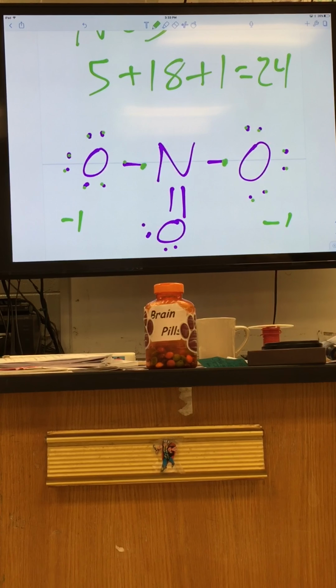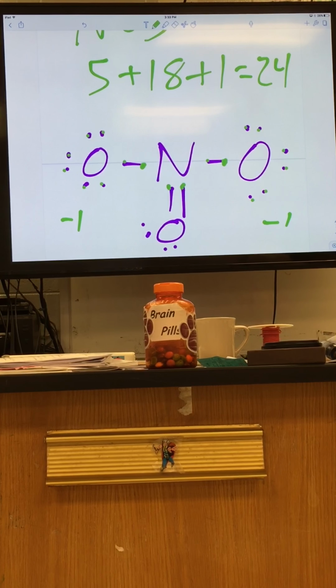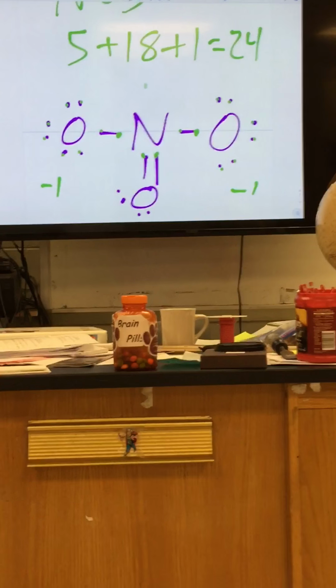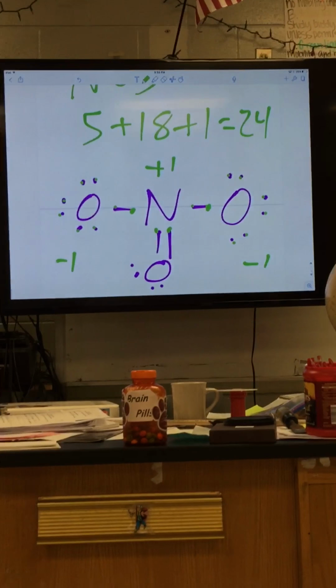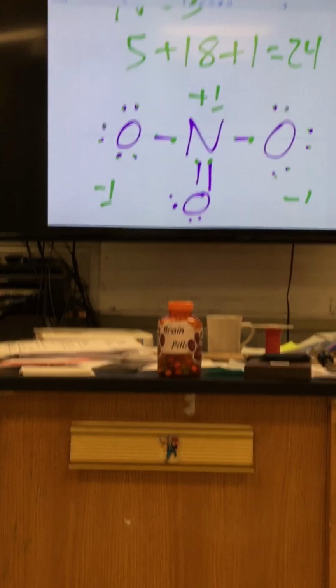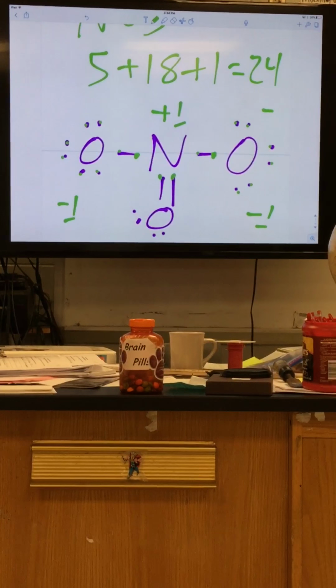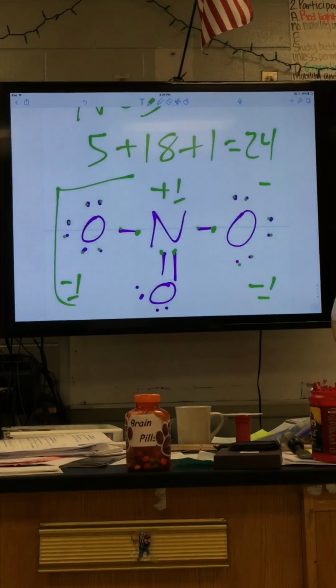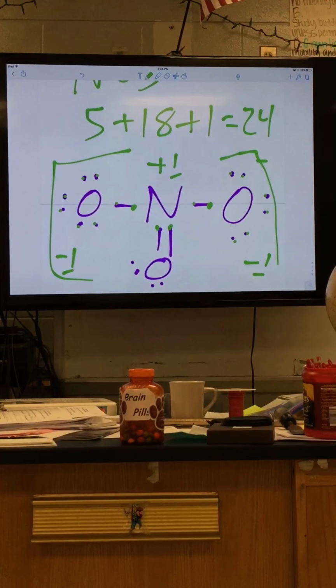We have 1, 2, 3, 4. It's supposed to have 5. So it has 1 fewer electron. So that's a +1 charge. Well, if you add a -1, +1 and a -1, it gives you a negative charge. So in fact, this is an ion with a negative charge.